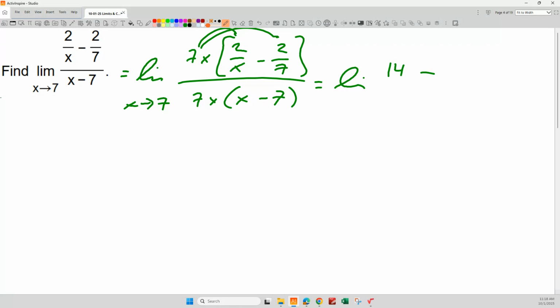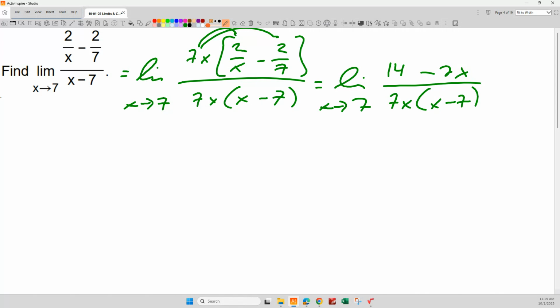Okay, what do I do on the bottom? Nothing. I do not want to distribute, right? That's the whole point, is we want to leave it factored. So I just leave it as 7x minus x minus 7.